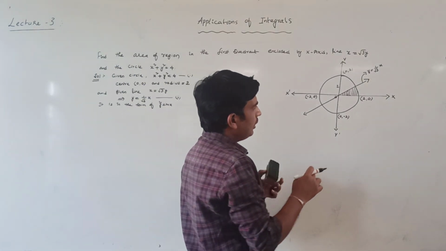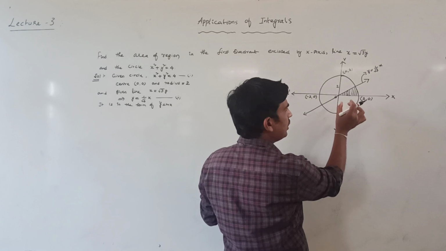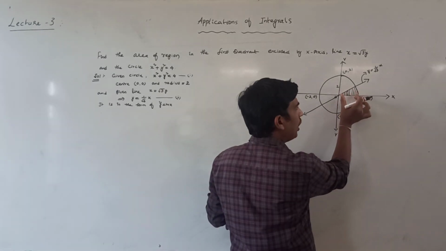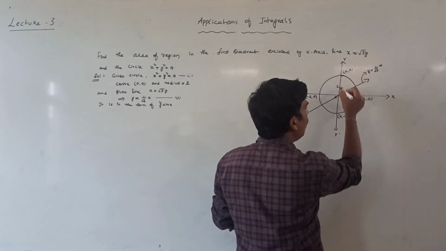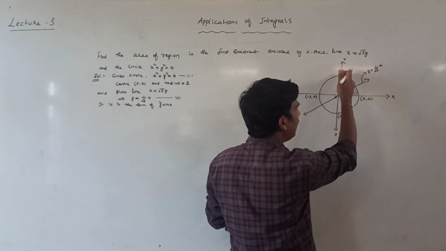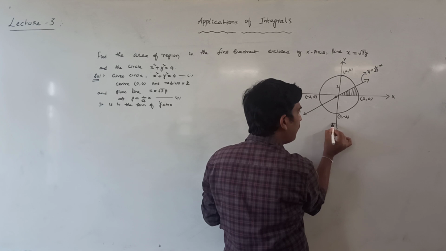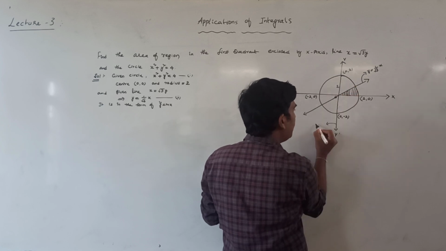Here, if you observe, the shaded region is bounded within particular limits. On one side, what is this line's equation? The y-axis equation is x = 0.